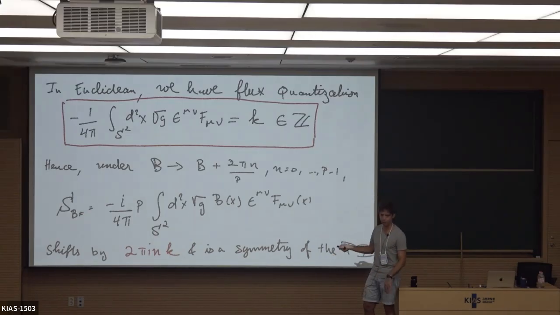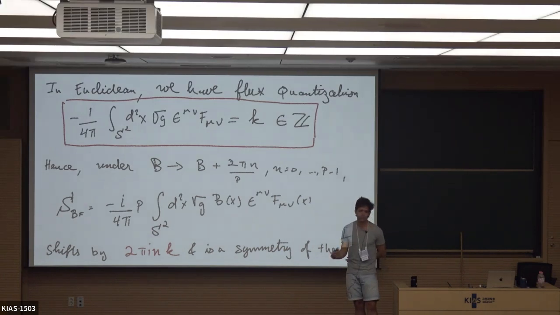The path integral is invariant under such a shift. So this shift by 2 pi i times an integer, while not a symmetry of the action, is a symmetry of the theory. And since it's a symmetry of the theory, we have uncovered a global symmetry.